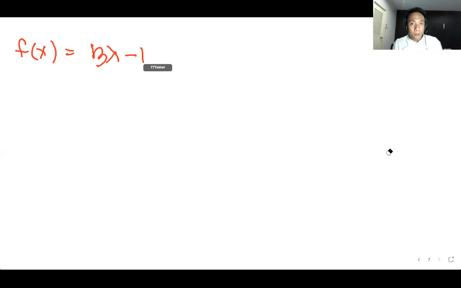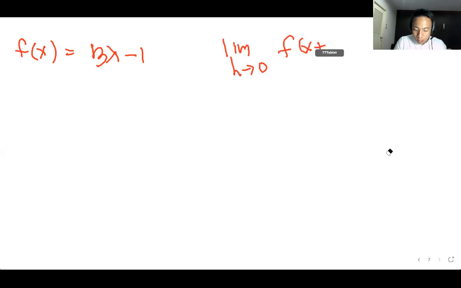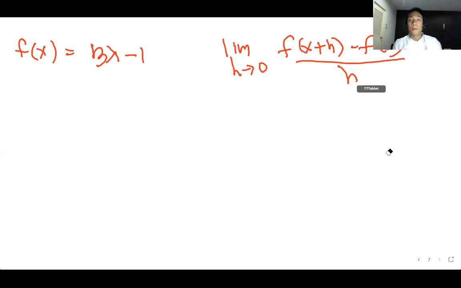Example number 2. What if yung equation natin is magiging linear na siya? For example, we have f of x equals 3x minus 1. Okay, remember the formula we have. Limit of h approaching 0, f of x plus h minus f of x all over h. Okay, that will be our formula.